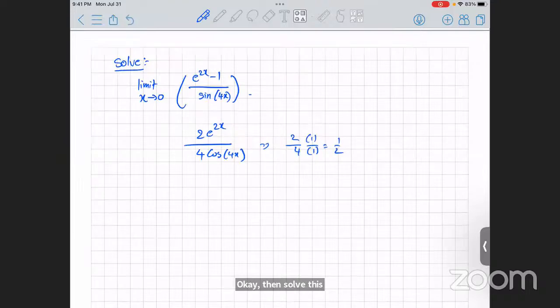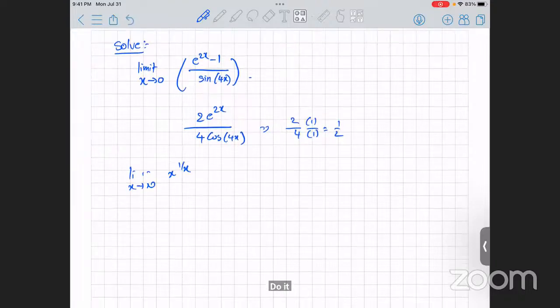Limit x tends to infinity, x power 1 by x. Sir, could you explain how it is an undefined form?